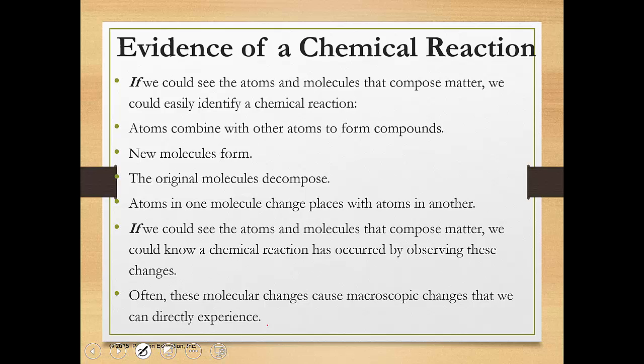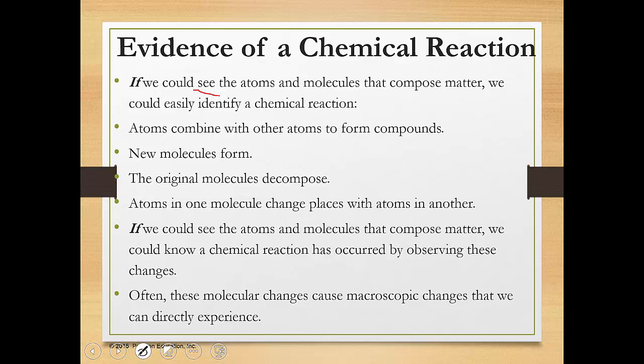And we've talked a little bit about physical properties and chemical properties. So we want to talk about what is the evidence that we see for a chemical reaction. How do we know it's a chemical reaction, not a physical reaction? Well, if we could see the atoms and molecules, that would be easy to tell. We would just say, did we have different compounds than we had to start with?